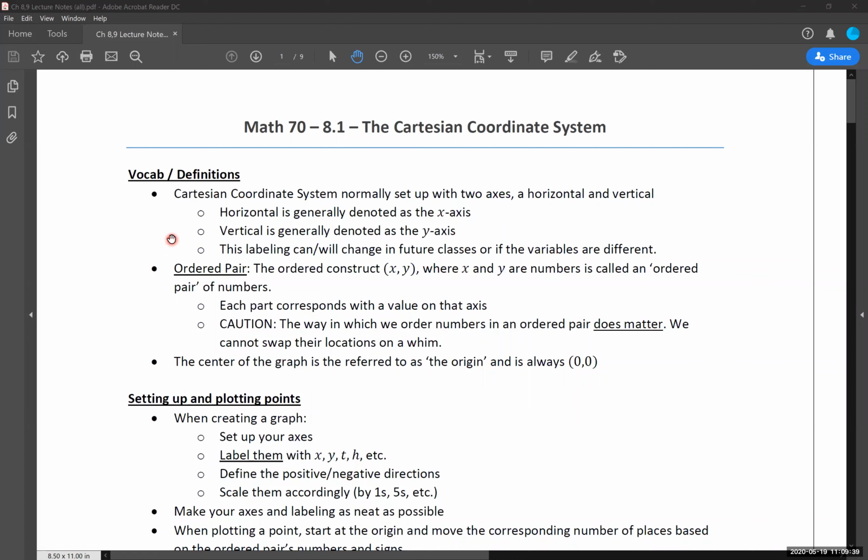And I say this primarily because while we generally denote these axes as x and y, we can and we absolutely will in future classes see these denoted with different variables. Maybe t, maybe h, maybe a, maybe n, etc. So I highly recommend that if you are building these graphs for yourself, you get in the habit of labeling what each of the axes means right from the beginning. It's a small bit of organization, but it goes a very, very long way with these types of problems.